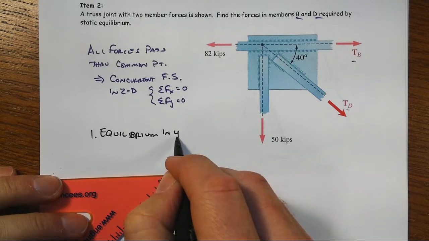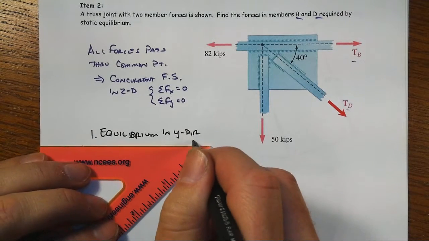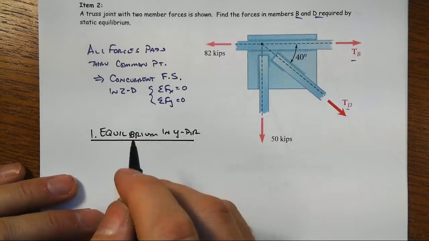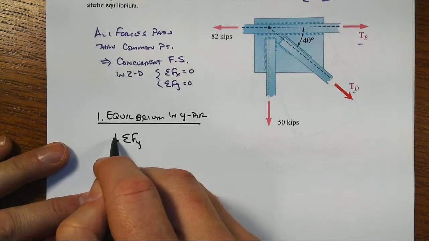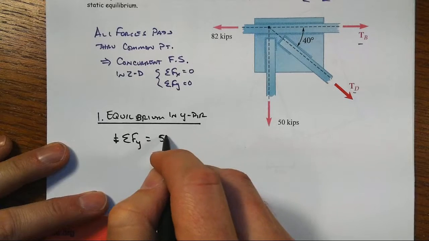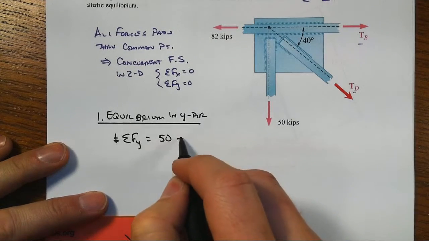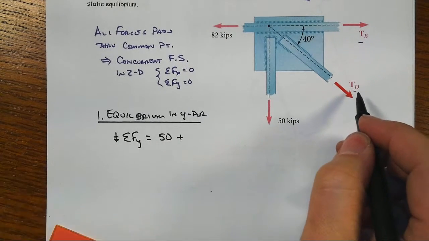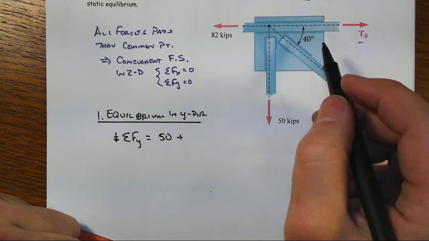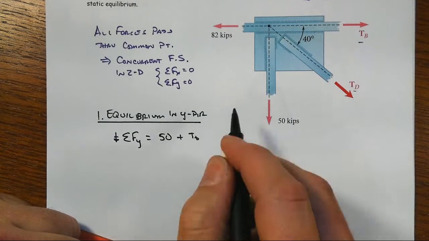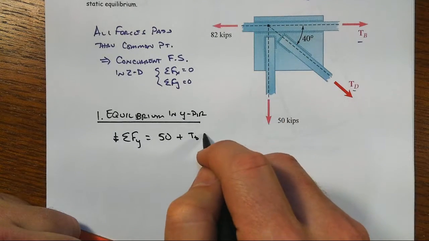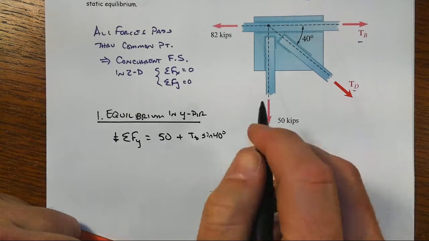Equilibrium in the y direction, and we would have sum of forces in the y. Let's take downwards positive. We get 50 going down, plus, because TD is shown as going downwards. And so 40 degrees is with respect to the horizontal. We want the vertical component that's opposite of the 40, so that's sine of 40 degrees.